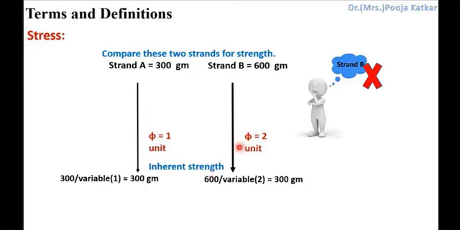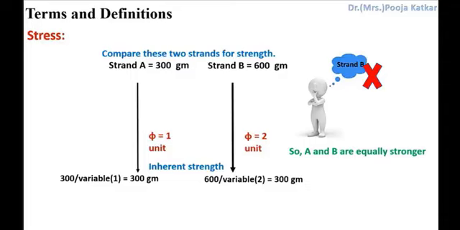The variable here is diameter of the strand and therefore the inherent strength of this material is 300 grams. While the inherent strength of strand B, if you exclude the variable, will be equal to 600 by 2, that is 300 gram. And hence we can conclude that both of these strands are equally strong. This concludes that by merely using values of breaking loads, comparison of different materials for the strength is not possible.